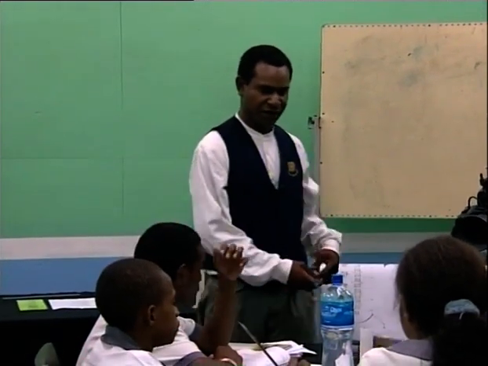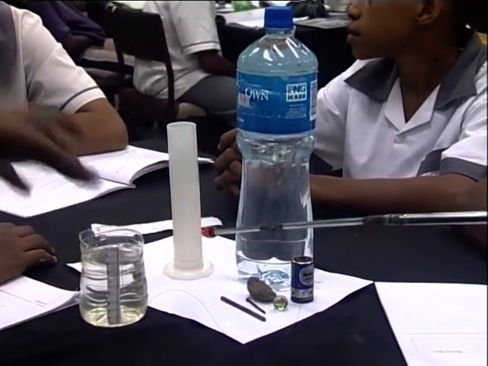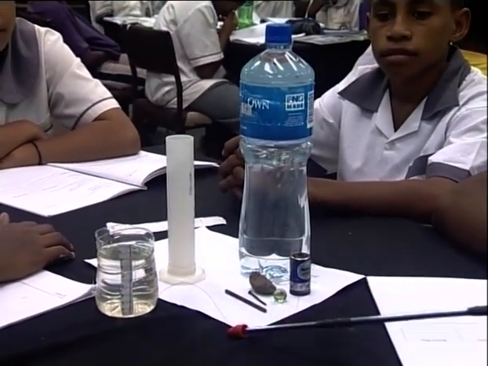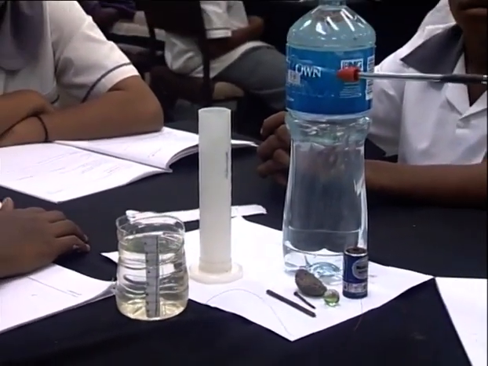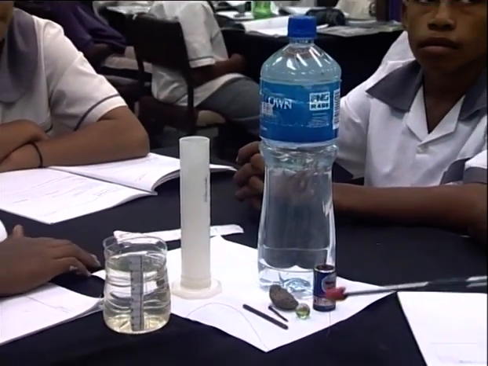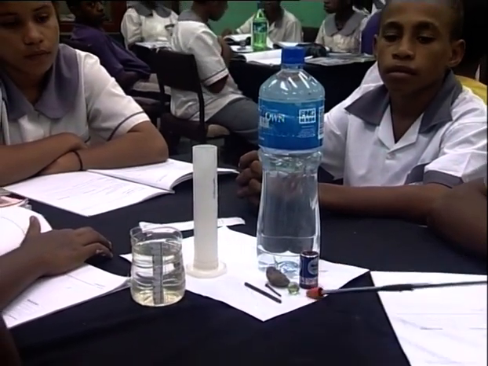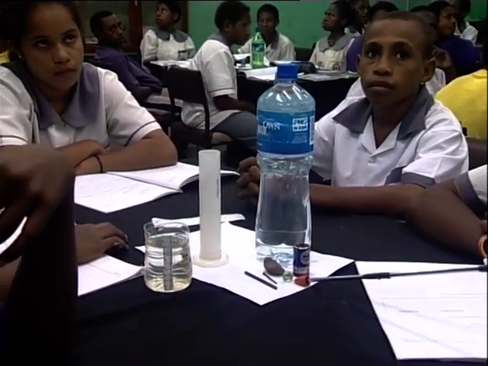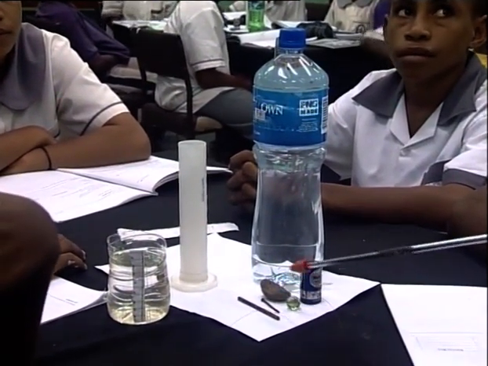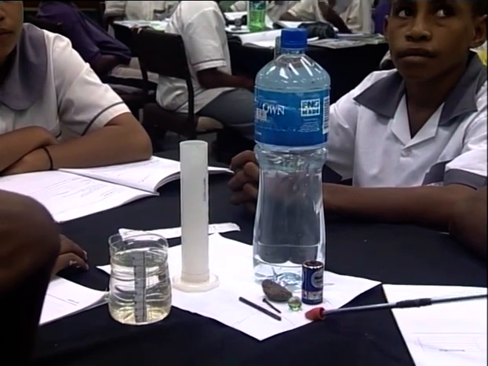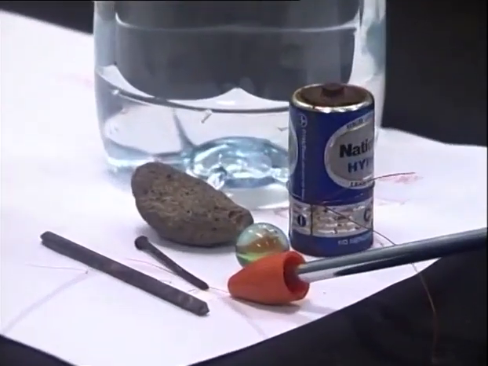We have a measuring cylinder, a container of water, a dry cell, a marble, a pebble or stone, and a nail.